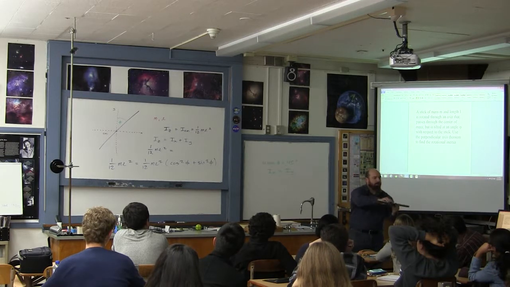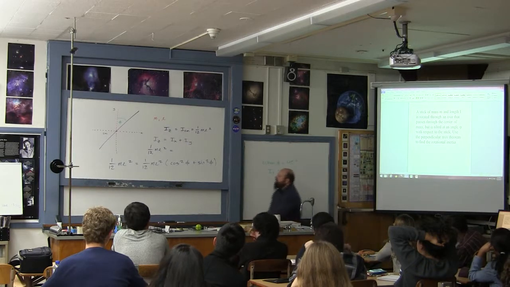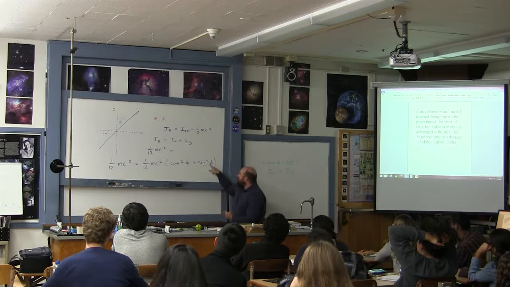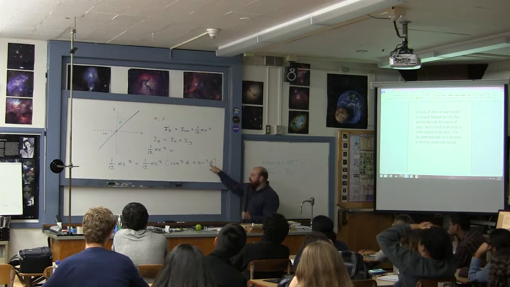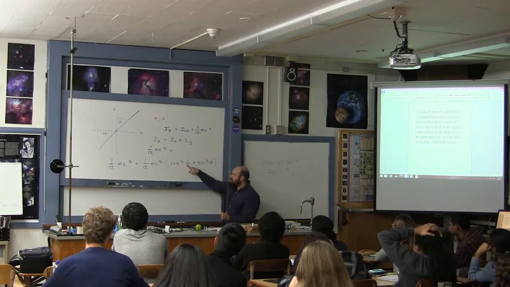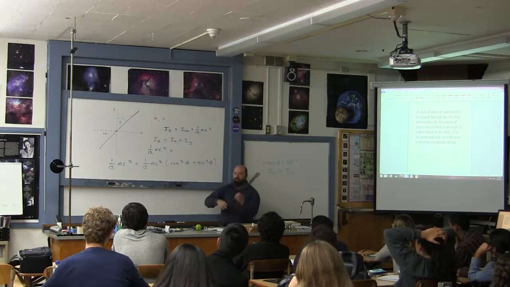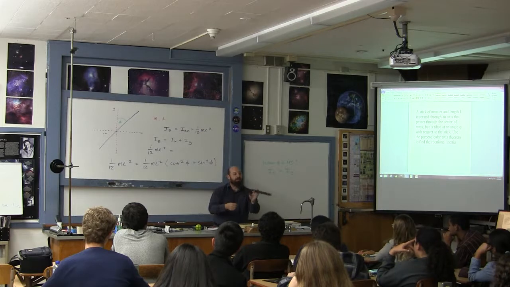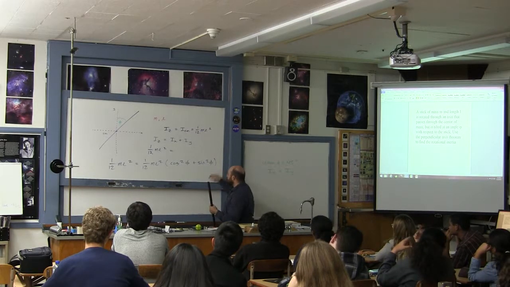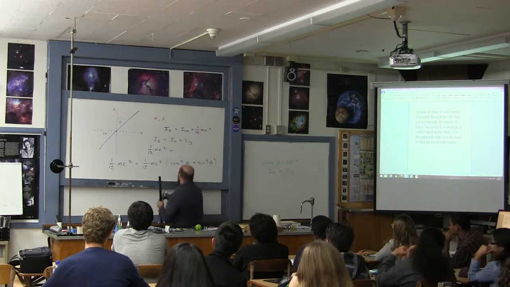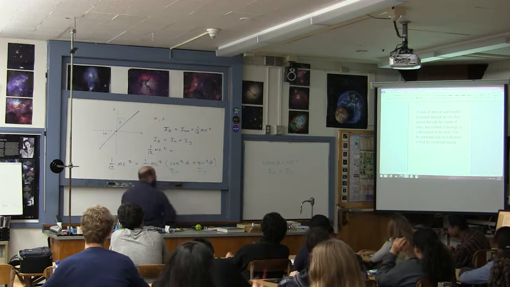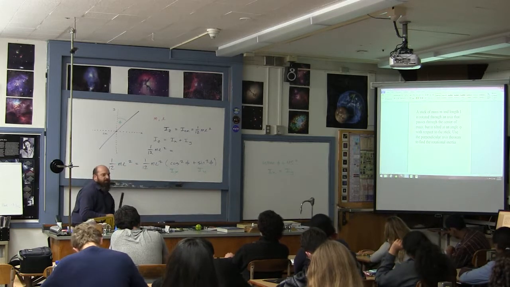Sine of 90 is 1, cosine of 90 is 0, then the rotational inertia around the y-axis would be 1/12 ml squared, as it should be. So the sine squared term is in fact the rotation around y. This is the rotation around x.